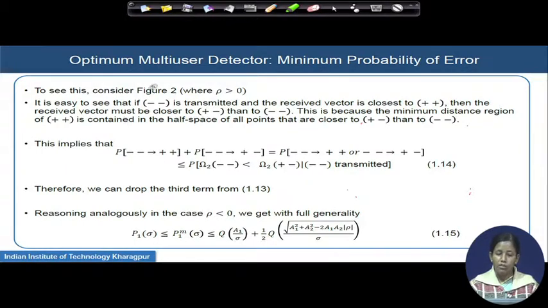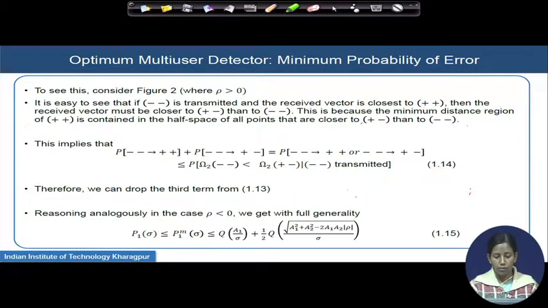That can also be expressed by the figure, and finally we end up with the fact that if I am interested in rho less than 0, that is a situation where the cross correlation values are very low.